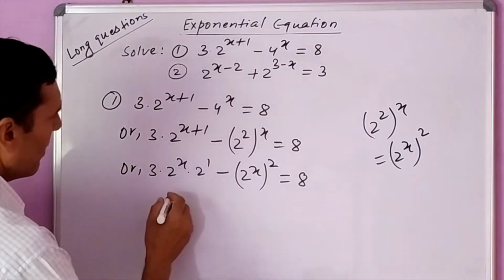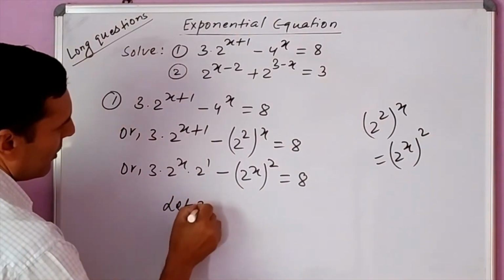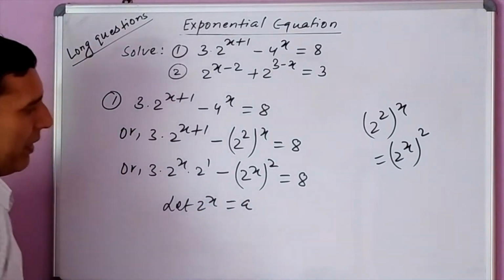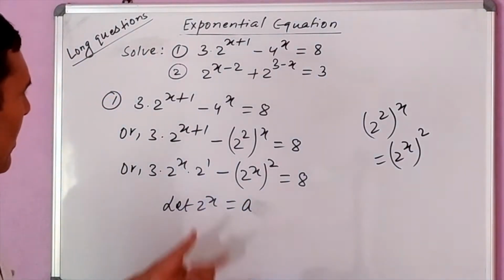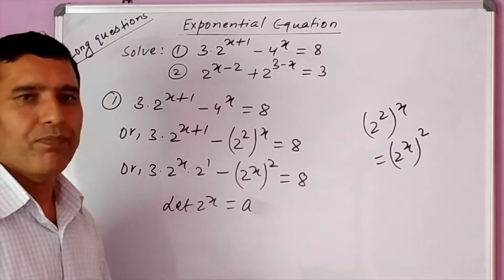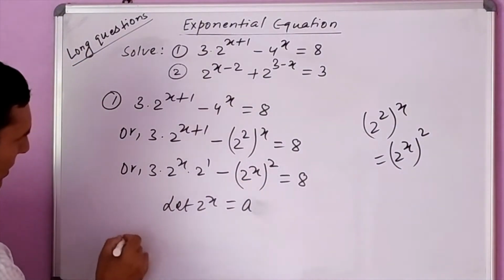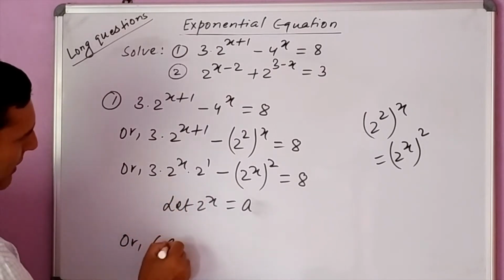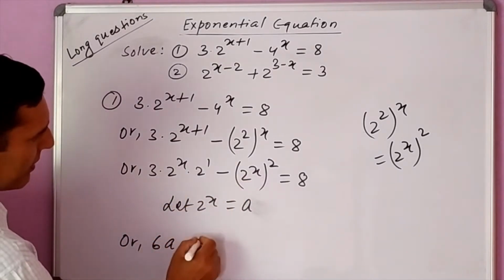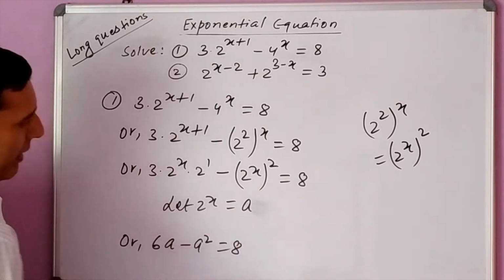We are supposing this 2 to the power x is equal to a. This supposition is only to convert this expression into an easy form. So it is 3 times 2, 2 to the power x is a, and a square is equal to 8.